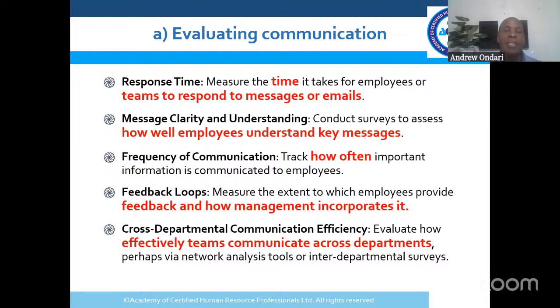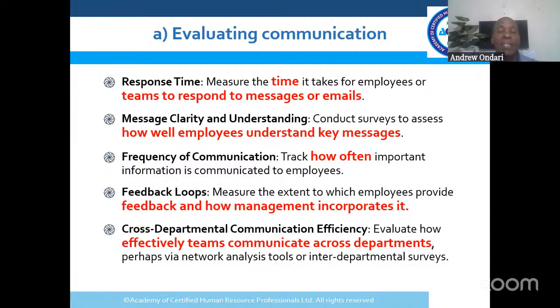So basically, when we are evaluating communication, we look at the response time. Is it timely? Or how long does it take to respond? Some of our activities that we undertake in organizations are time-bound. So if it takes too long to communicate, then there are chances that we may fail to undertake those activities.